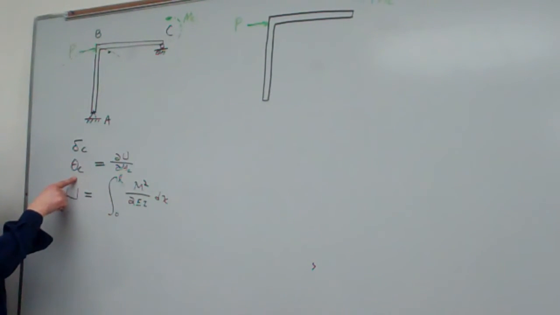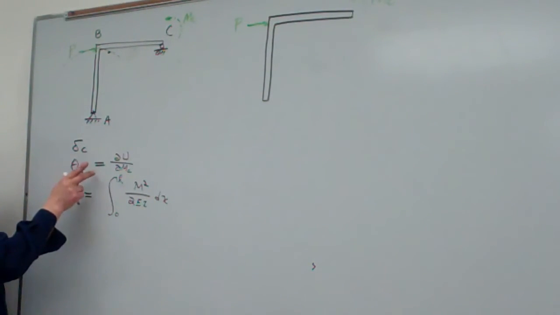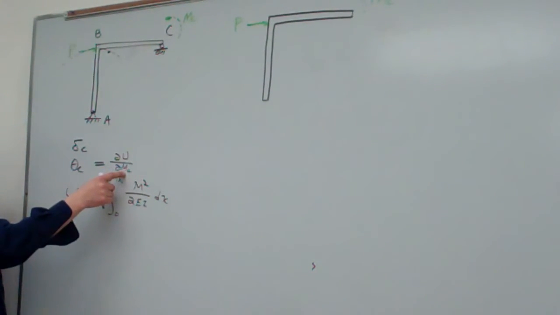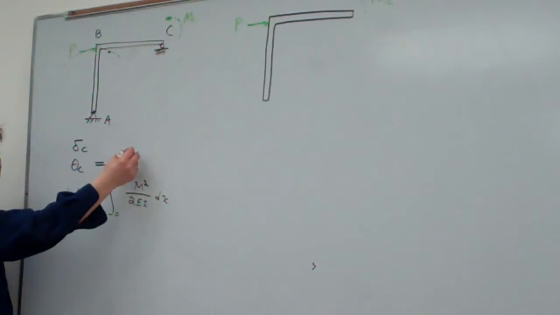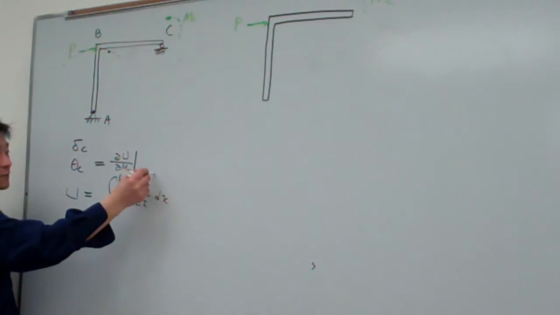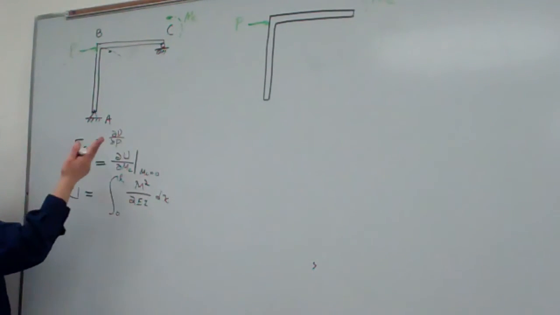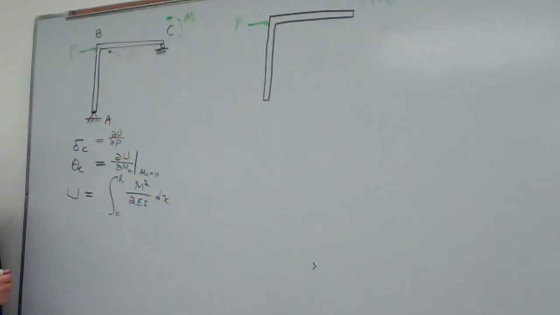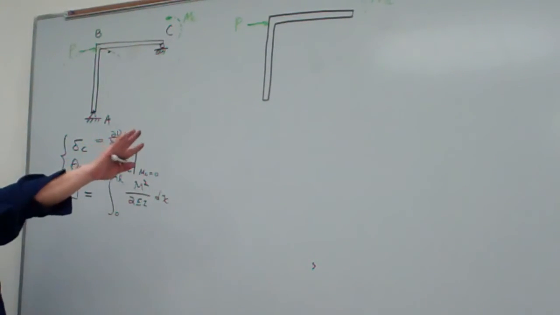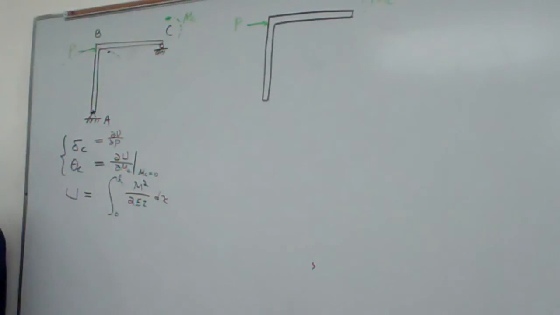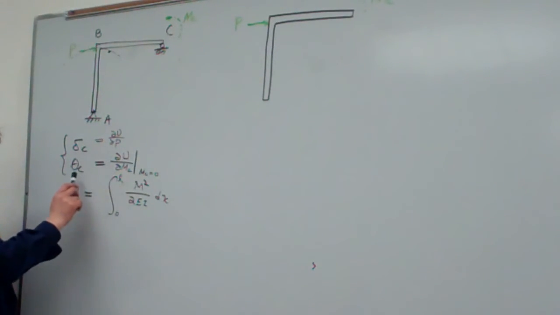Theta C, due to Castigliano's theorem, can be calculated by partial U, partial M_C. But for this case M_C is virtual, so the value equals 0. And for the other one we use partial U, partial P. P is given, so we don't have to take the 0 value there. That is the one we're going to implement. Could we go through finding theta C? Yes, I will do it.